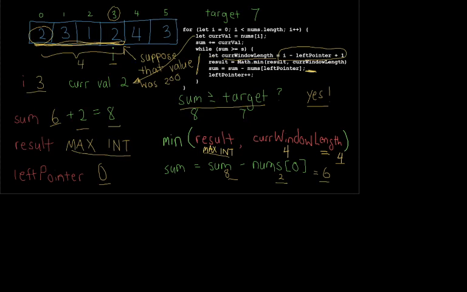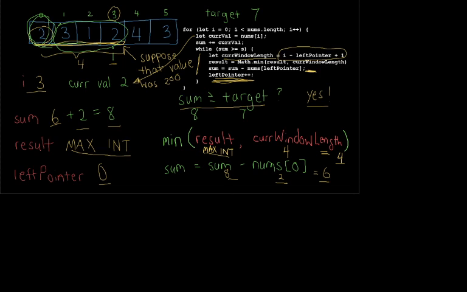And then you're also going to do this line right here, left pointer plus plus, meaning you're going to get rid of the leftmost value right here and just see if the remaining sliding window of 3, 1, 2 is still going to be enough to be greater than the target. Okay?